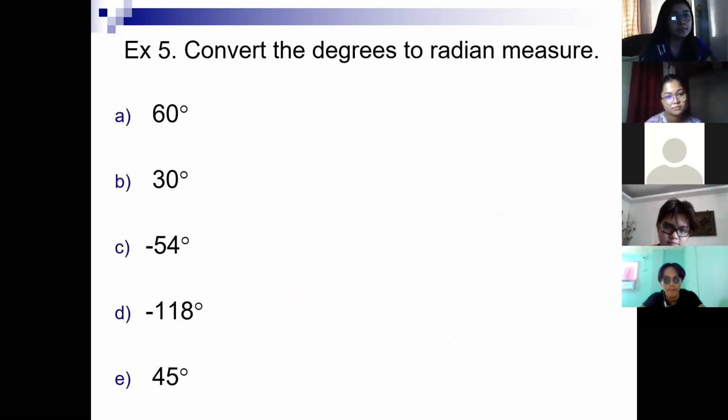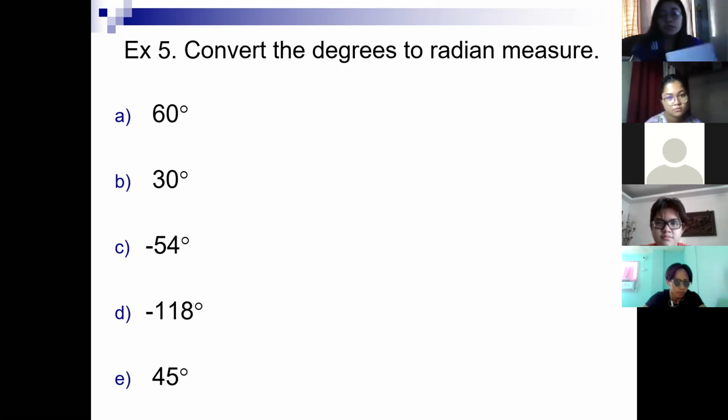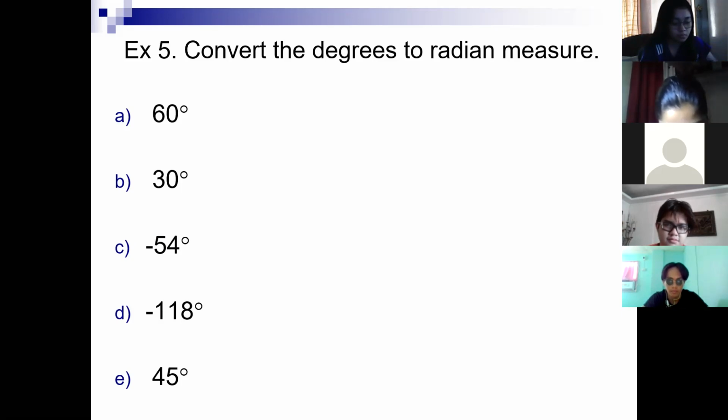Let's try example 1, 2, 3, 4, 5 or A, B, C, D, E of number 5. Convert the following to radian measure. Again, convert the following to radian measure. Do it quickly then, and I will ask you one at a time a question, or each one of you to answer the question.